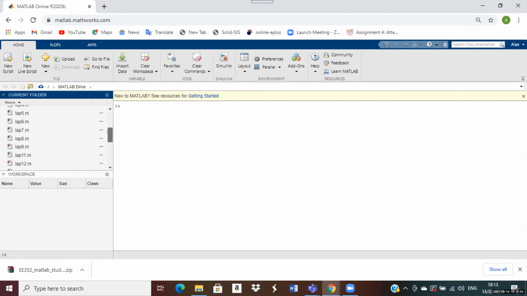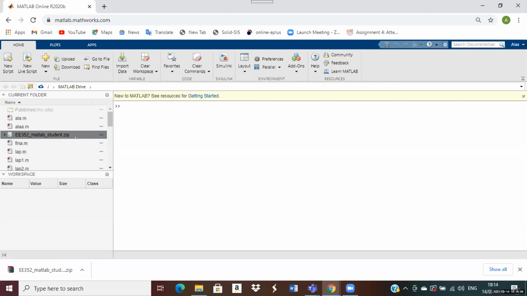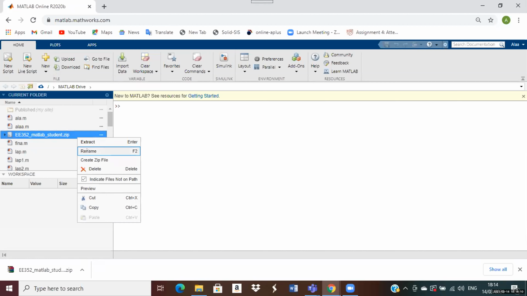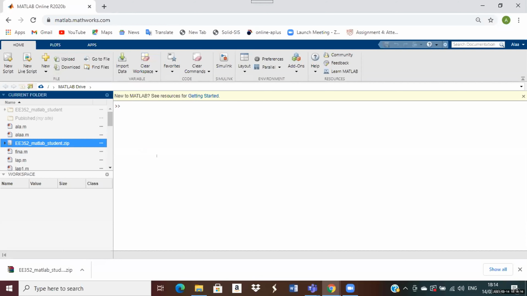You have got this folder, EE352 MATLAB. This is a zip file. You need to first extract it. So right click on it, click extract, the first one. Okay, here you have the folder now.